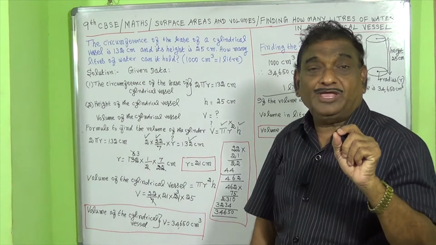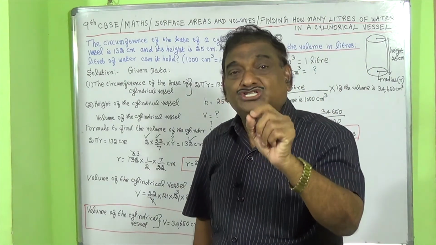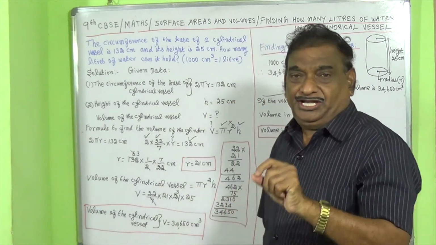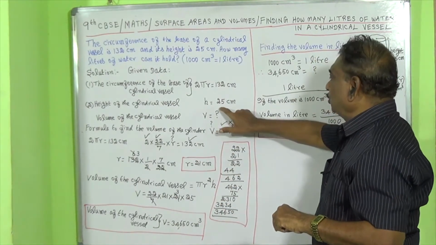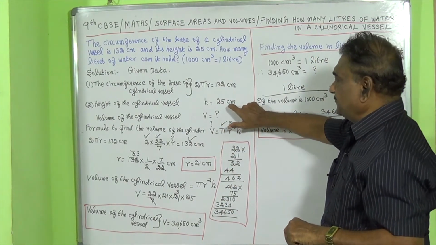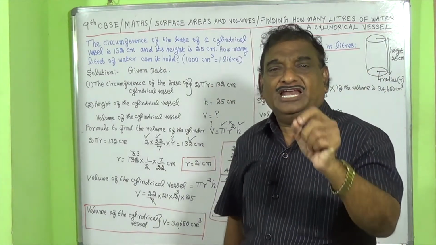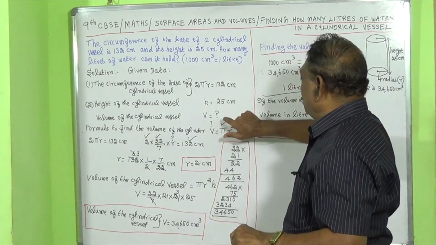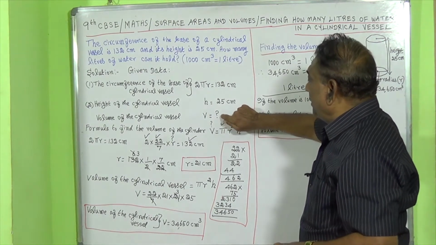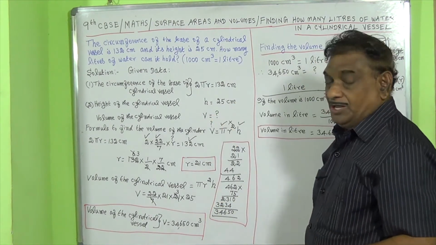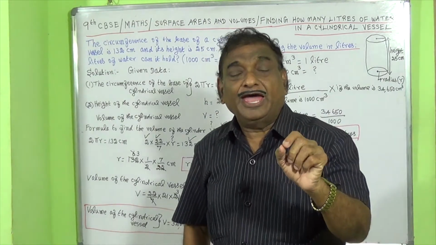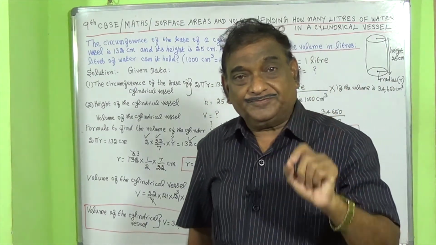Then the height of the cylindrical vessel is also supplied: height equals 25 centimeter. We have to find the volume of the cylindrical vessel, so I am putting the question mark. What is the formula to find the volume of the cylinder?